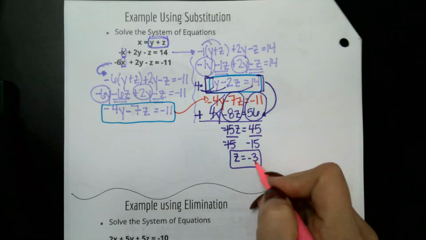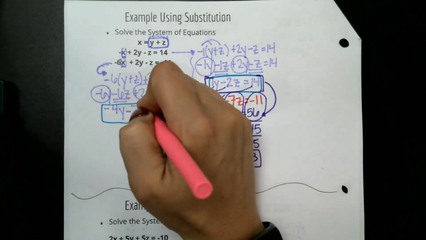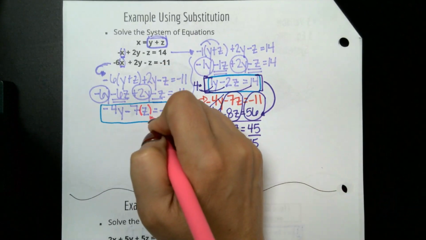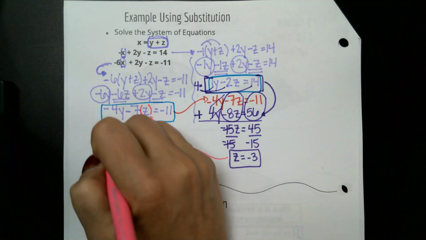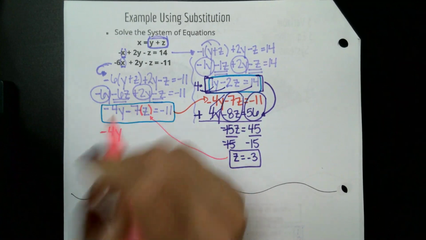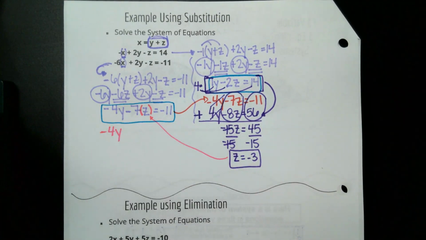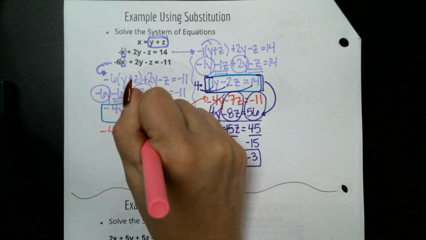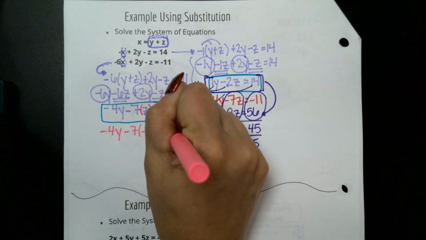So I'm going to take negative 3, and I'm going to plug it in right here where that z was. So we're doing substitution again. We're going back and forth between substitution, eliminate. Then we might have to substitute, and then we just keep going. It's a lot of work.